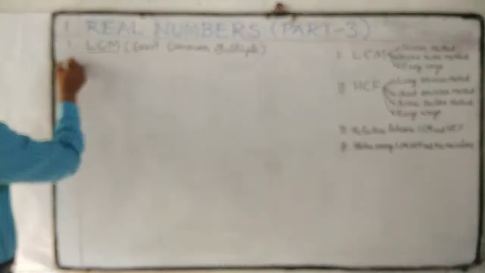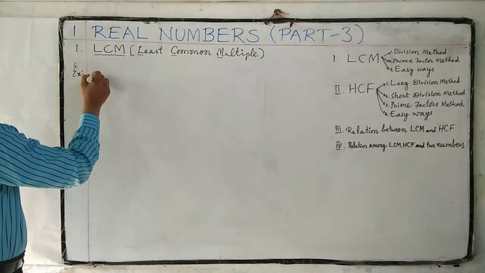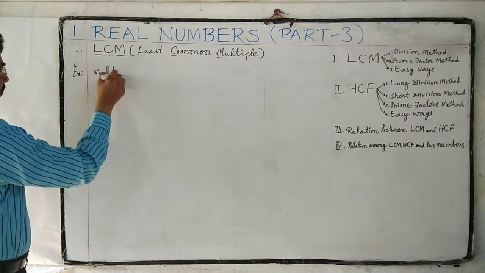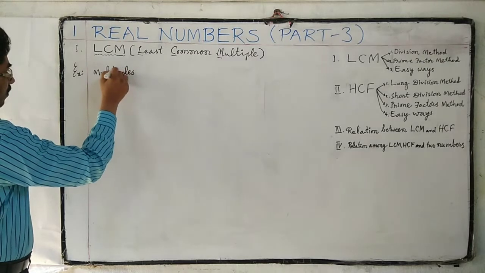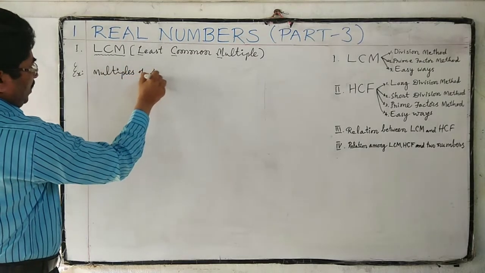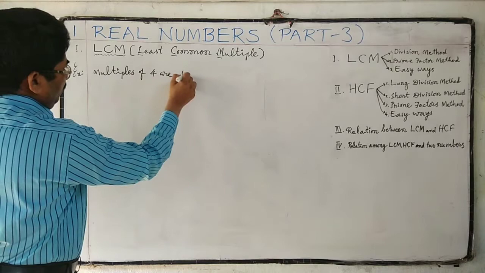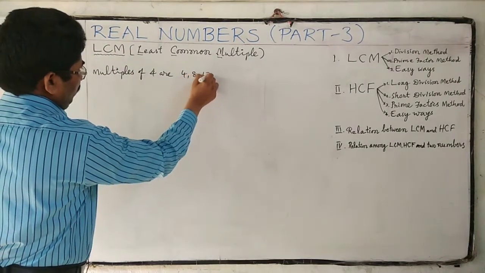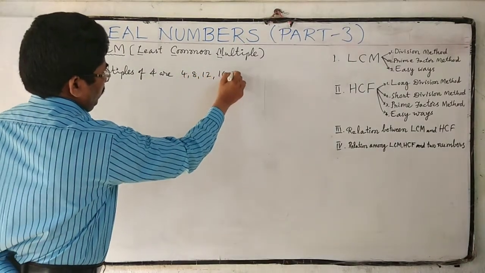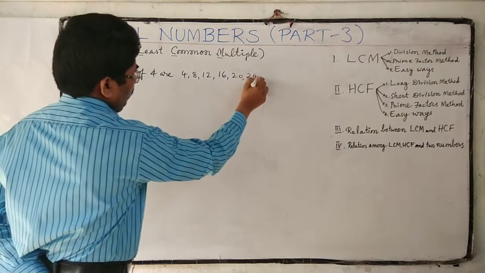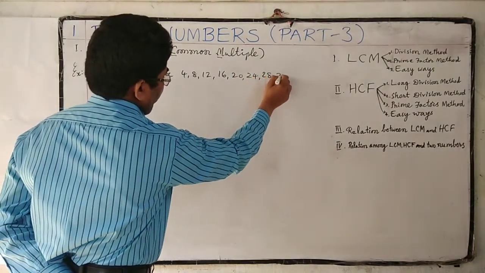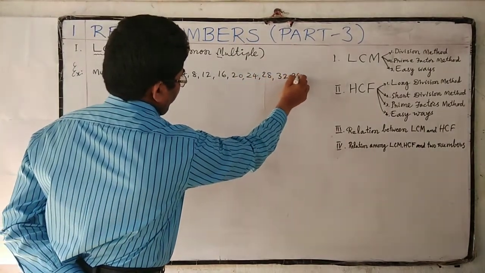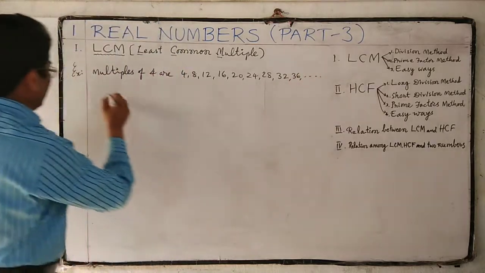Example, multiples of 4 are 4, 8, 12, 16, 20, 24, 28, 32, 36 and so on.